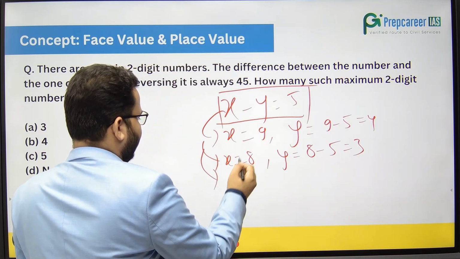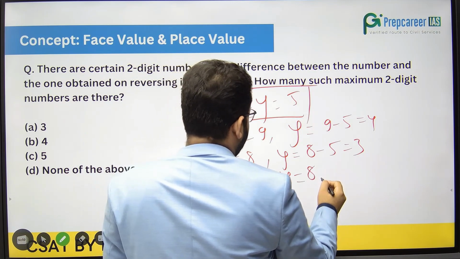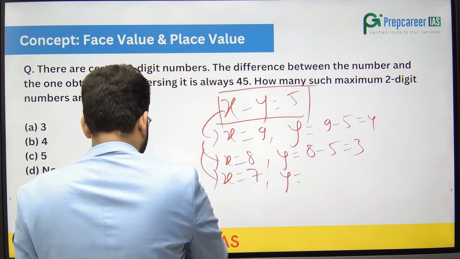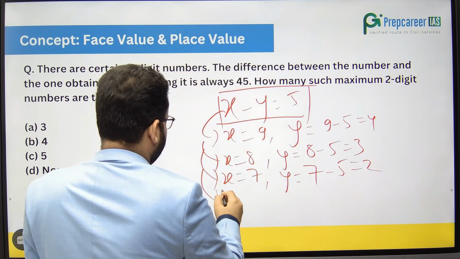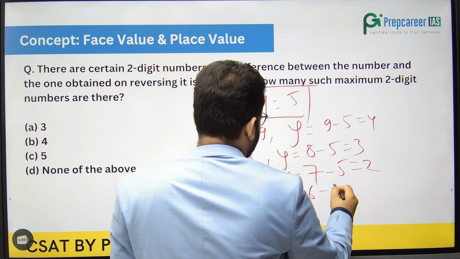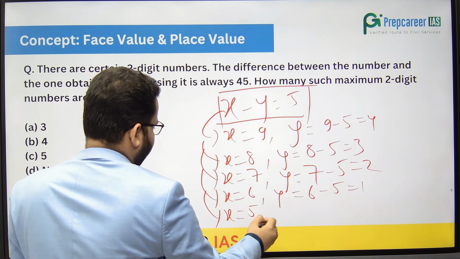This is very basic mathematics. x equal to 7, y you will get 7 minus 5, 2. Then take x equal to 6. Y you will get 6 minus 5, 1. Now take x equal to 5.